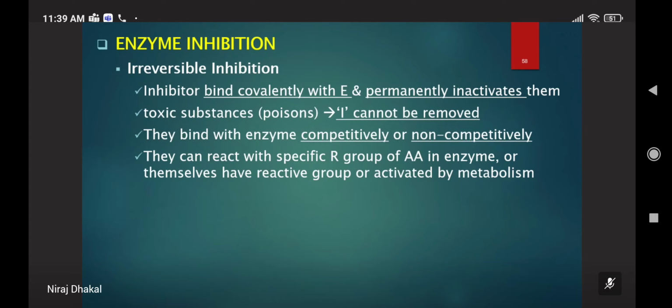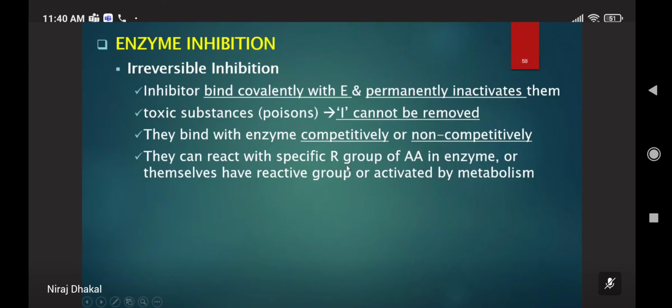Active site is where the substrate binds, and allosteric site is the site other than the active site where different molecules will bind. They can react with a specific R group of an amino acid in the enzyme, or themselves have a reactive group, or be activated by metabolism. So there are three mechanisms.